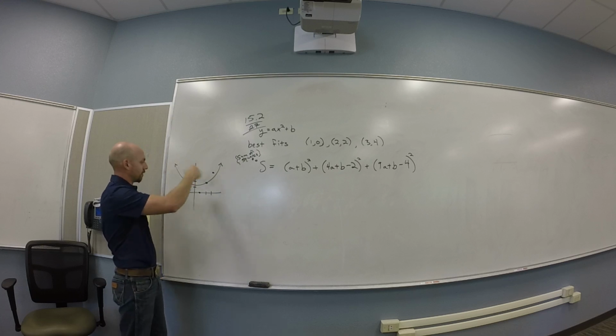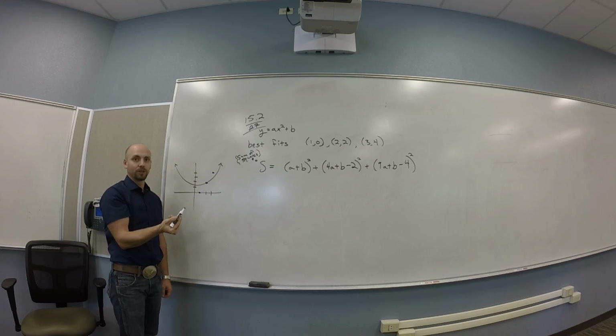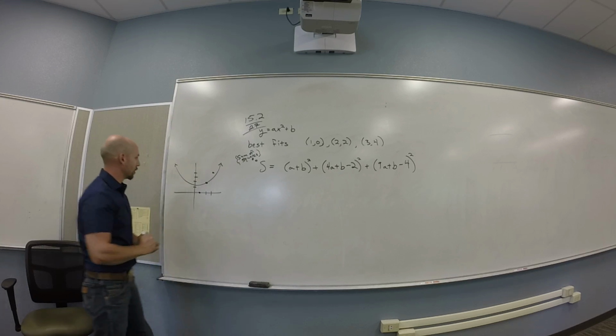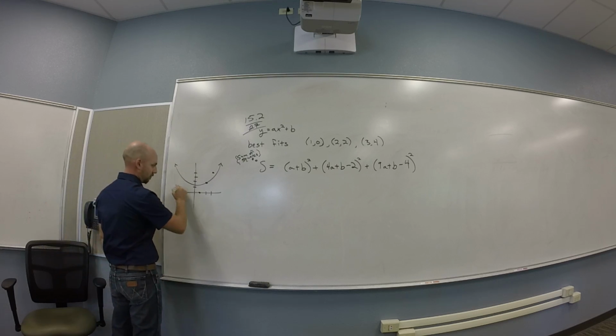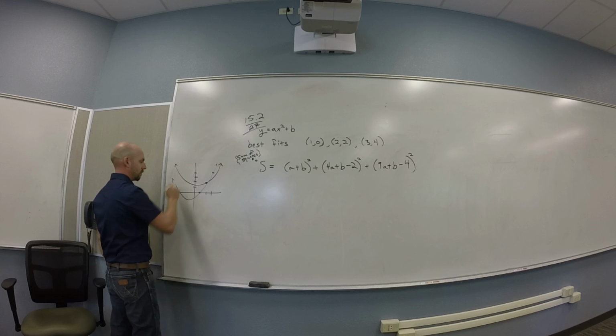Okay, so obviously the kind of random parabola I drew at first is probably not the one you want, right? So maybe the one you want looks more like, I don't know, something like that.